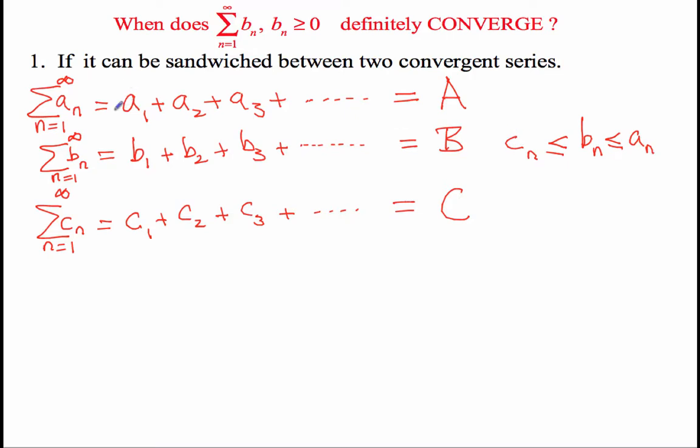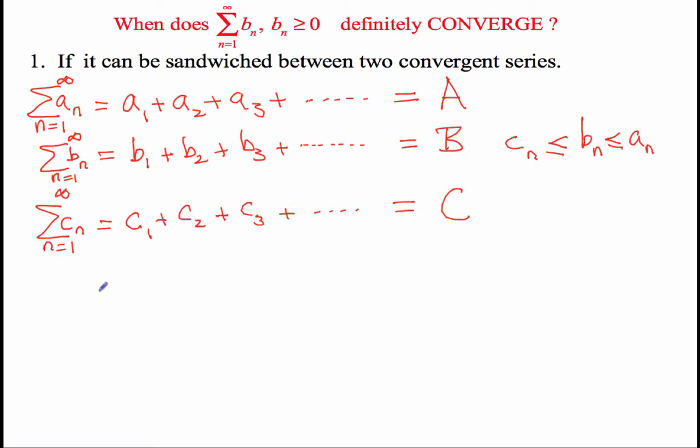So therefore, this sum over here is going to be bigger than this sum over here, but this sum over here is going to be bigger than this sum over here. And of course, the equal to sign can be there for certain cases as well. So I think that's pretty obvious then, that if this series converges and this series converges, the B series has to also converge.